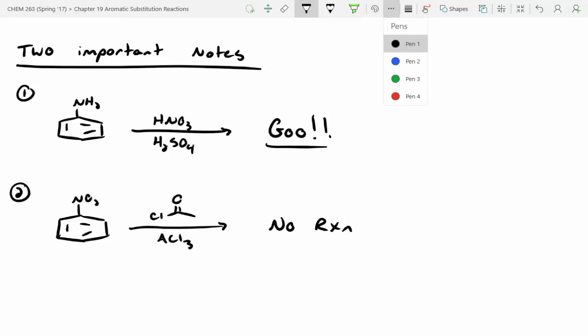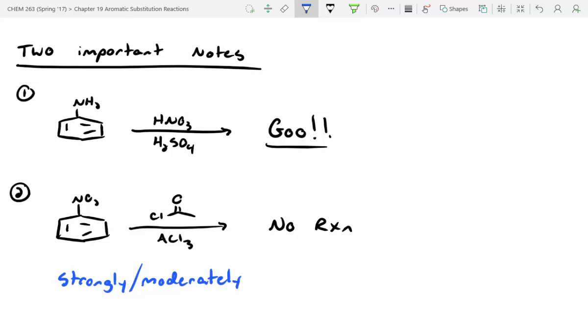So let's make a side note. Strongly or moderately deactivated rings cannot do Friedel-Crafts.